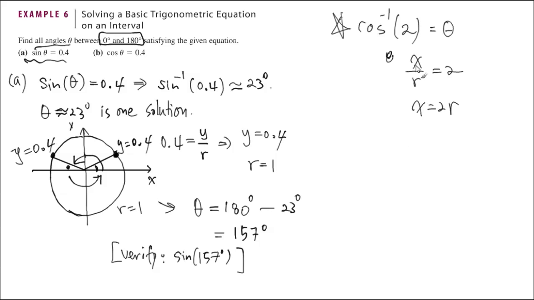Therefore, it's undefined. So for sine and cosine inverse, if the value is more than 1 or less than negative 1, you will get an error message. And don't panic. That means there's no such angle theta. Okay? All right.